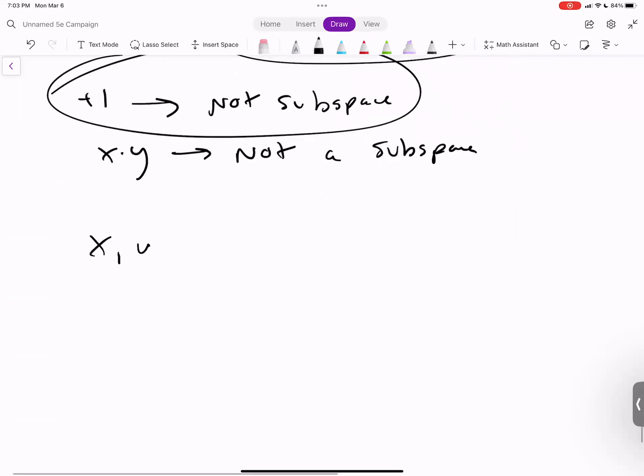An example of where that would fail: x, y, z such that it gives us the vector (x plus 1, y plus z, z plus 2x). What happens when we plug in the 0 vector? We plug in x, y, and z all to be 0, and what vector do we get? Is that the 0 vector? No, so it fails that condition, so it's not a subspace.